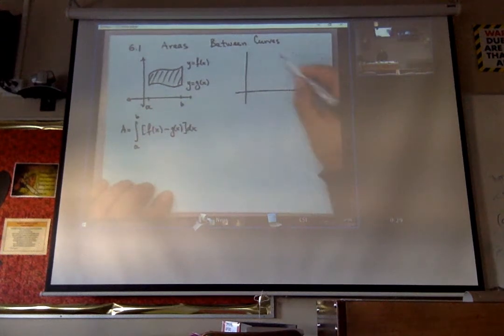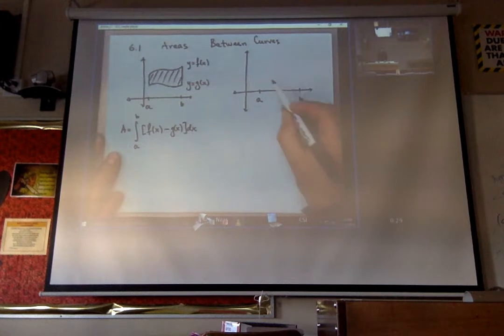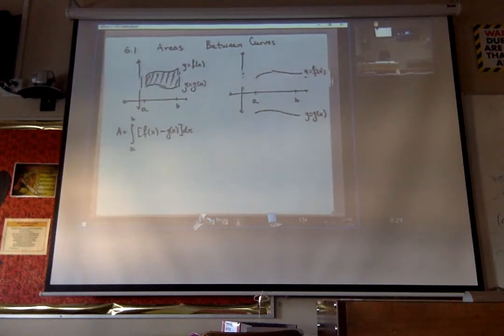So let's take a look at the second possible outcome. Let's say you still have A to B. Here is your y equals f of x, but g of x, let's say, is right here. So where is the area between curves?